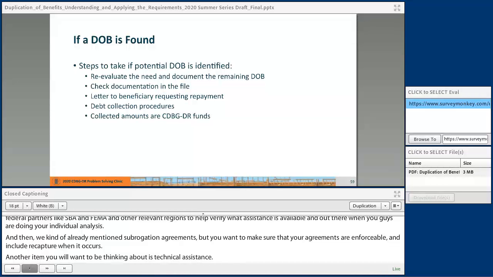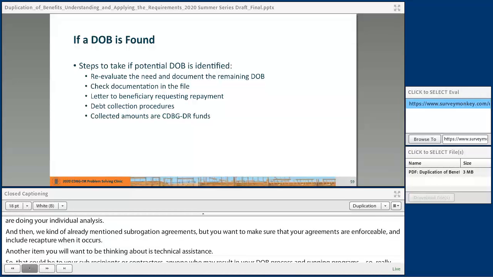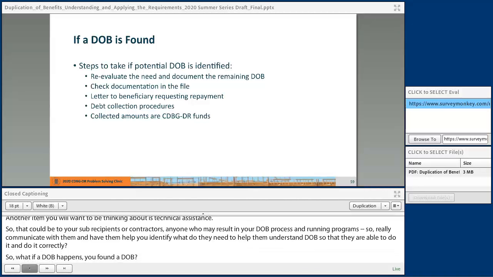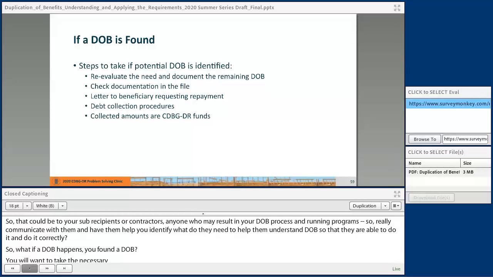So what if a DOB happens and you found a DOB? You're going to want to take those necessary steps that we've been talking about here, and you might need to reevaluate the need if it's possible. Go through your documentation and your files and check for accuracy.